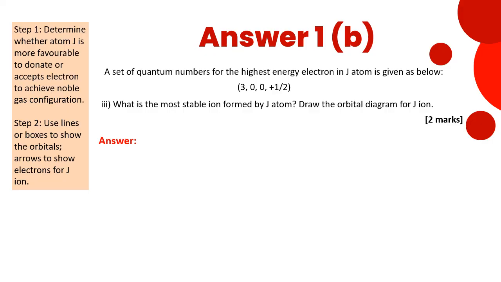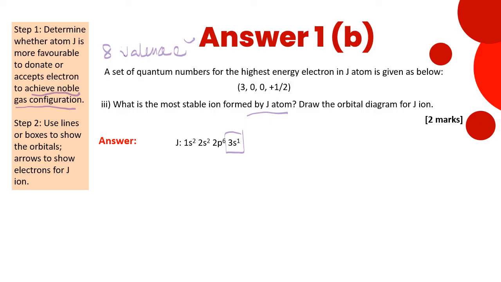The first thing is to look at the configuration of J atom again, and we can see that this is the valence electron. So how is it going to be stable? If you have something like a noble gas, which has 8 valence electrons at the outermost shell, you will be very stable like the noble gas.